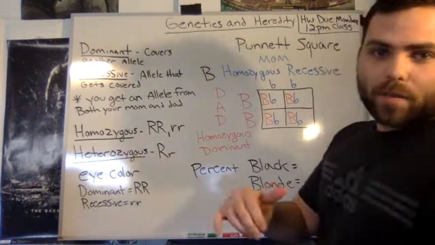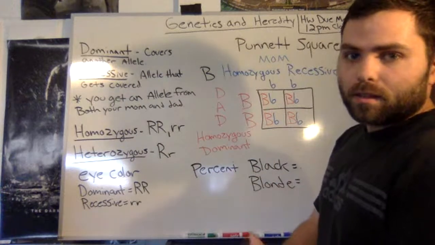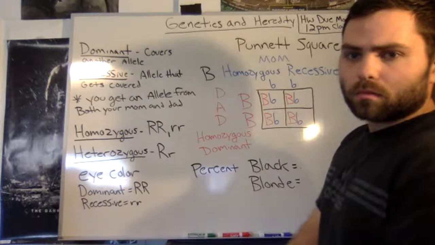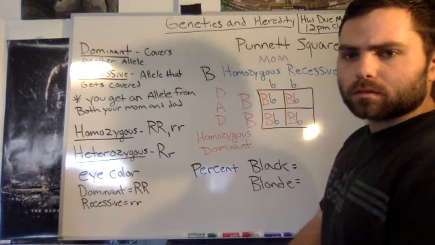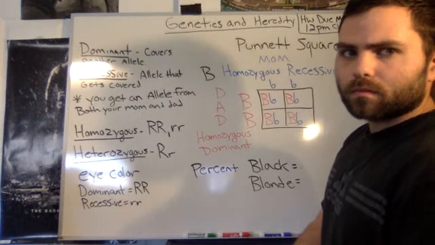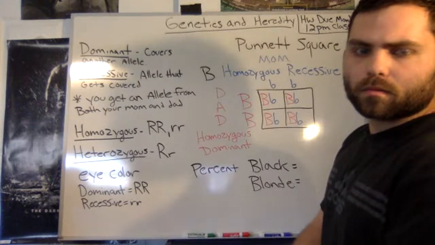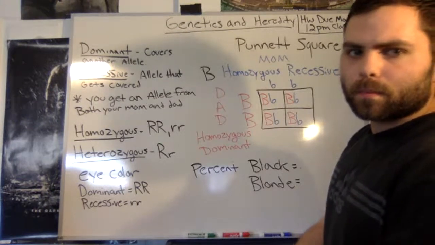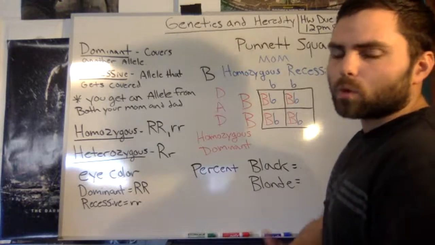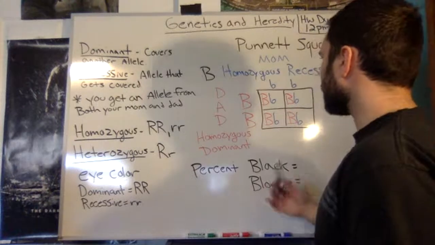So remember, every time you have an uppercase B, what color hair are you going to have? Brown or blonde? Or black hair, yes. Okay, you're going to have dark hair.